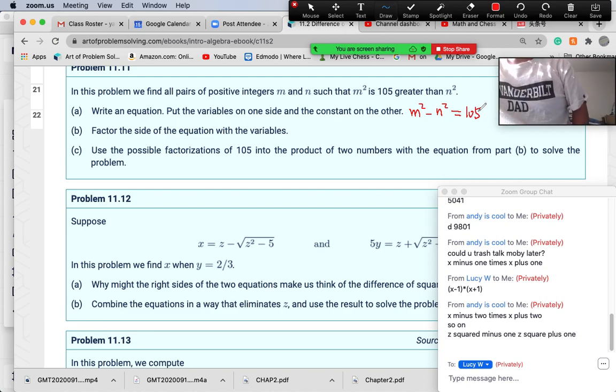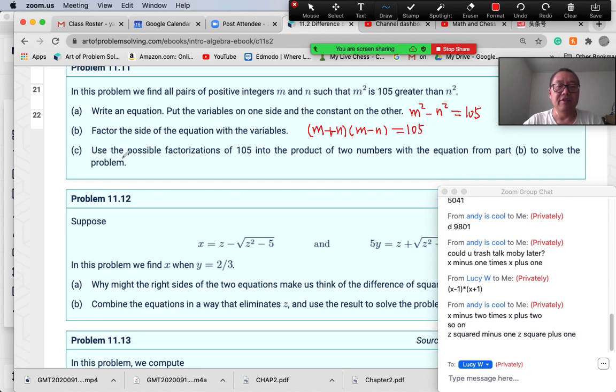Then we can factor this equation as m plus n times m minus n equals 105.